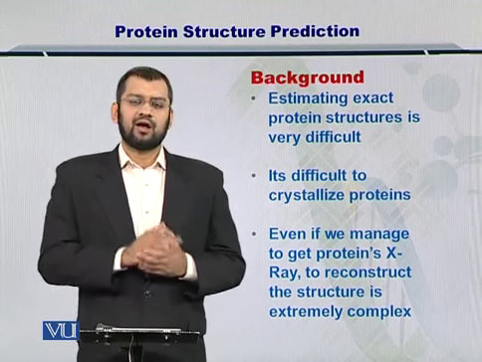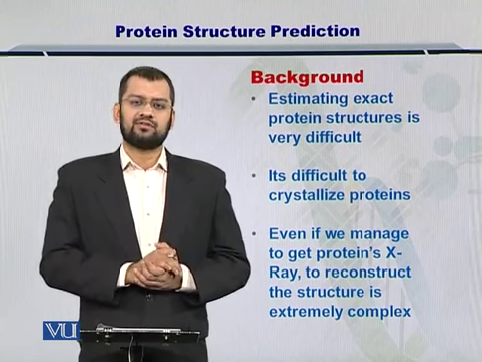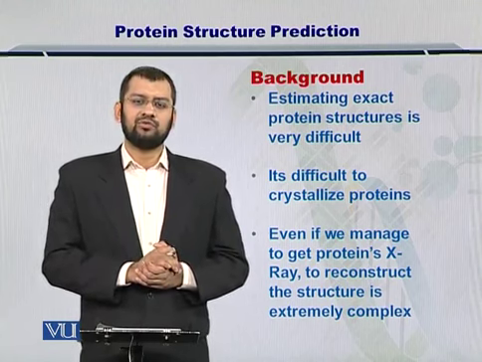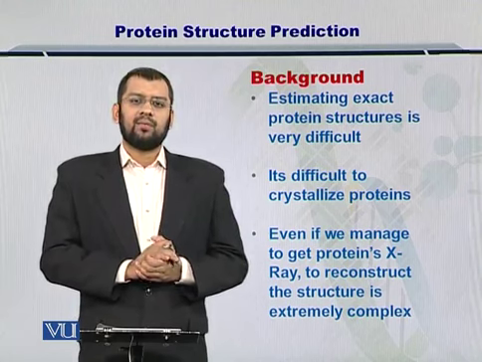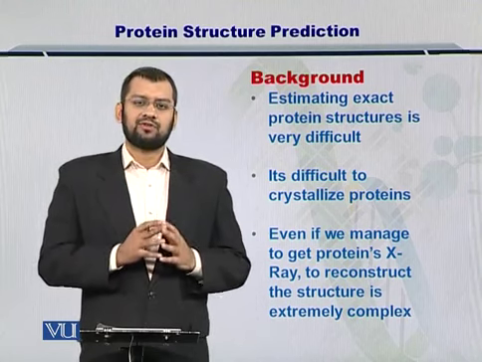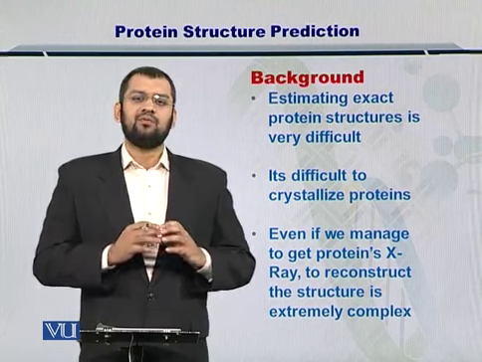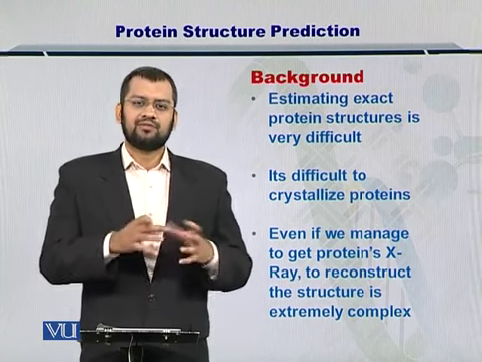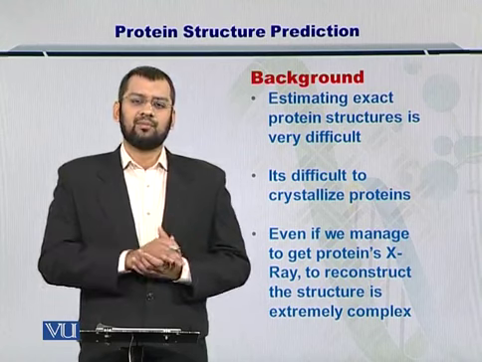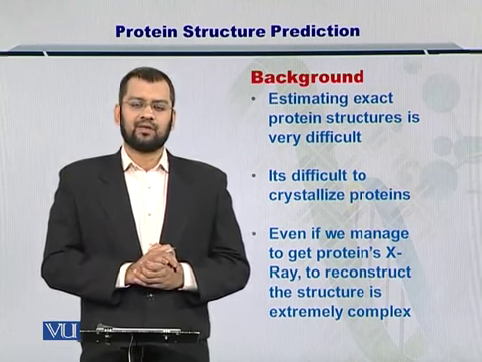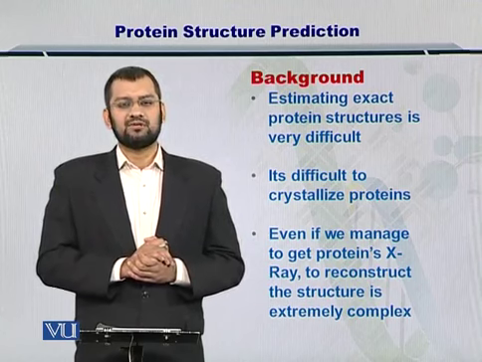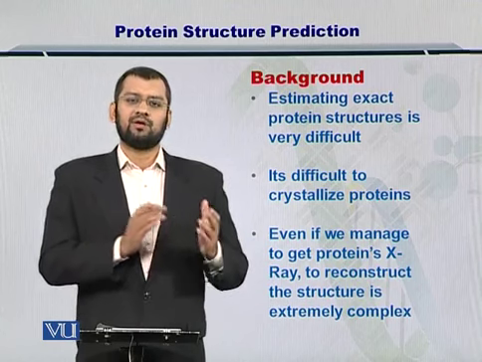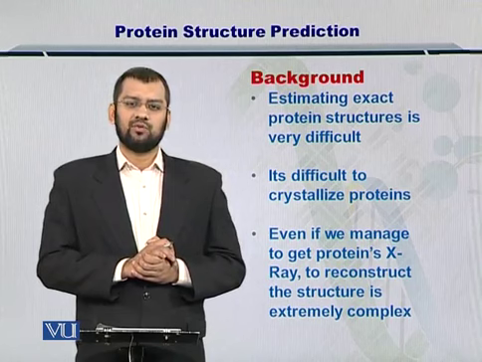Of course, there are other advanced techniques such as NMR, which you can use to determine the structure of the protein. But once you have obtained the X-ray of a protein, even afterwards, to solve that structure is a very complex problem as well. So these are the reasons why we have so few structures in the PDB as compared to the sequences in UniProt.